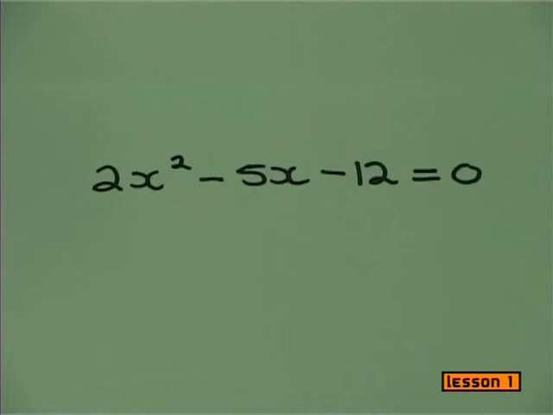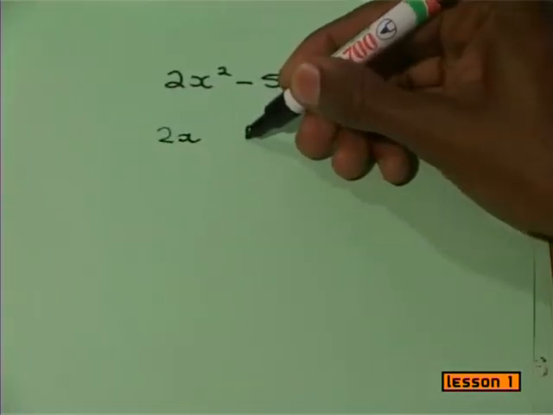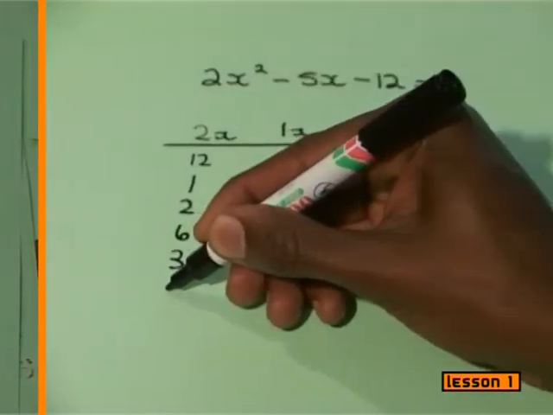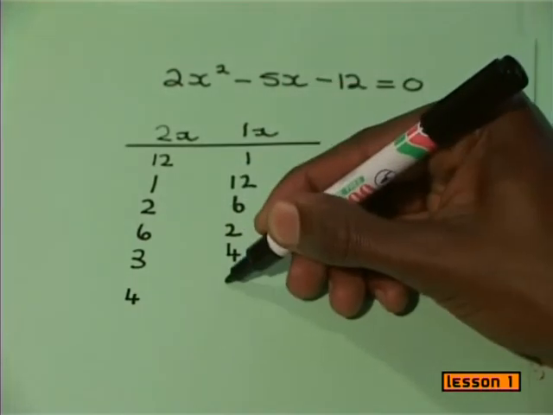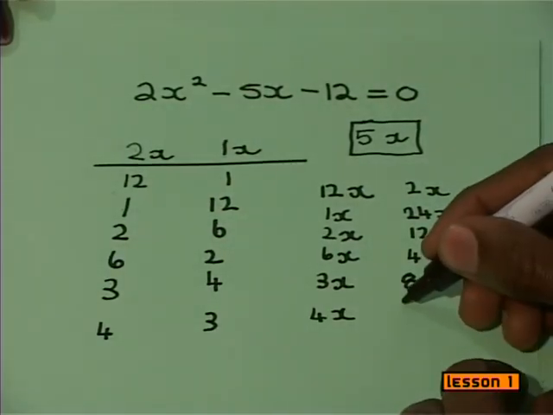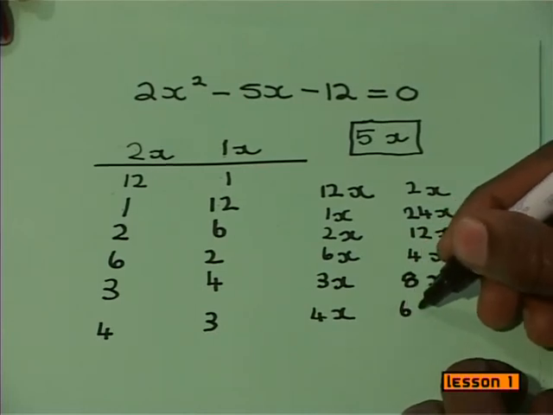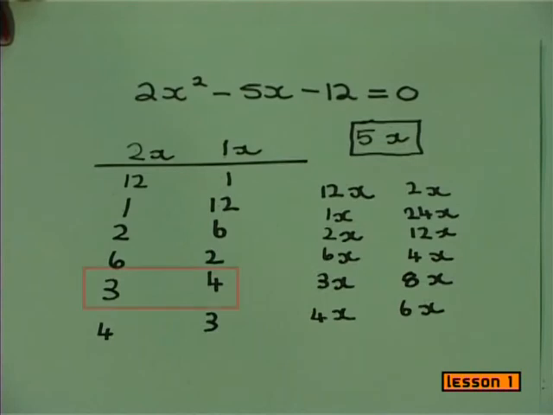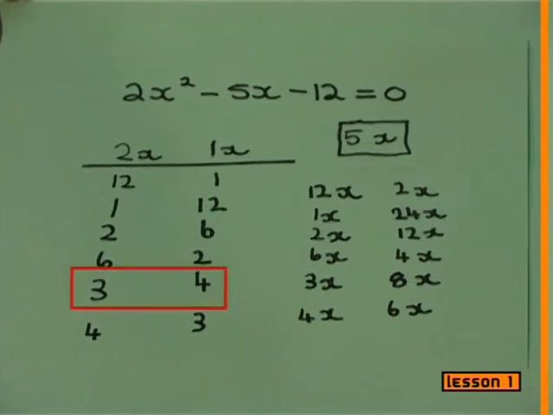Now, I need the factors of the first and the last terms. The factors of the first term are 2x and 1x. The factors of the last term are... Now we need to cross multiply till we find the factors which subtract to give us 5x. So that is 3 and 4.